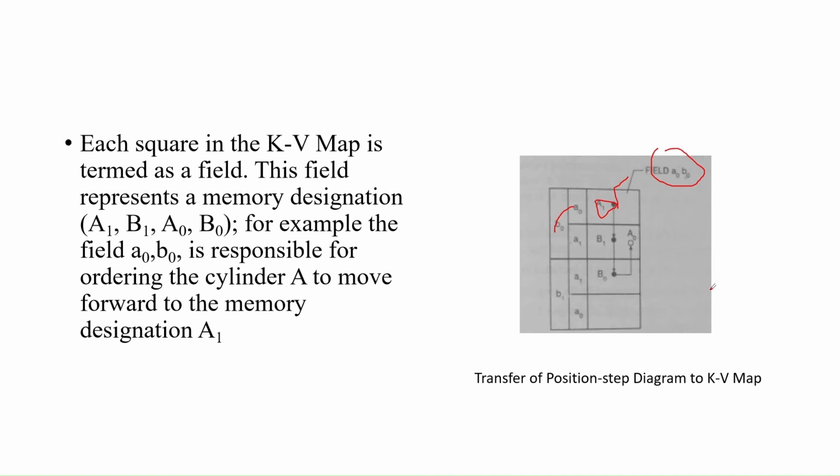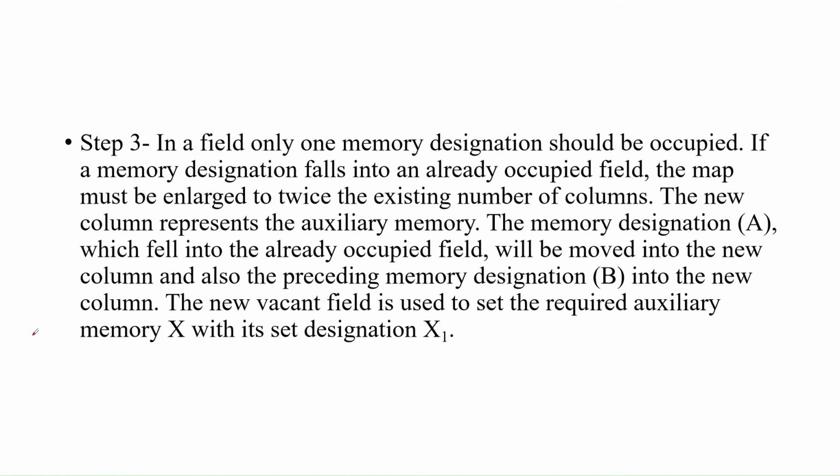So when we look into this, we can say there are 2 positions included in one field, which is not allowed. In a field, only one memory designation should be occupied. If a memory designation falls into an already occupied field, the map must be enlarged to twice the existing number of columns. If you have only one column, we need to extend another column.